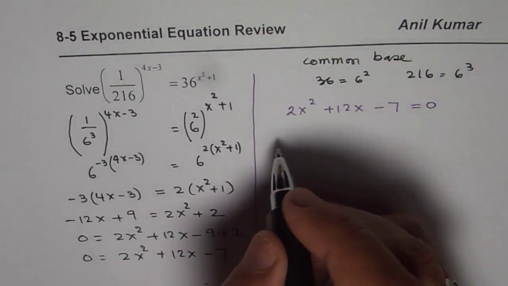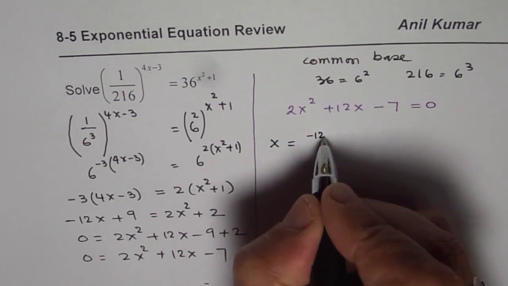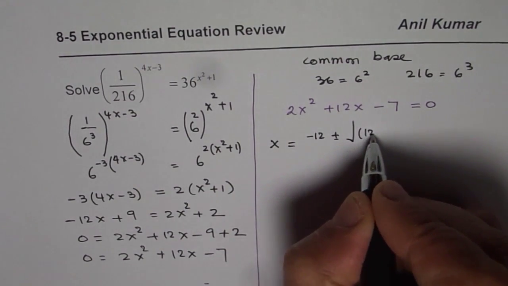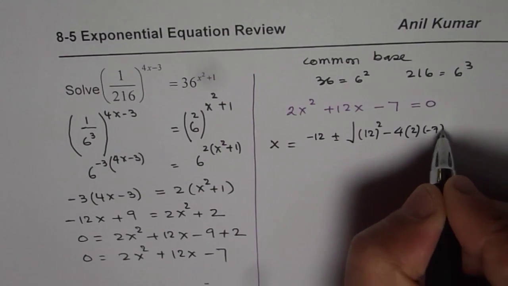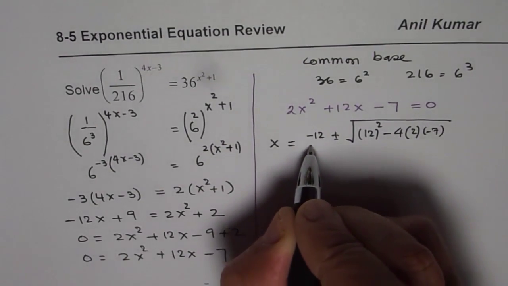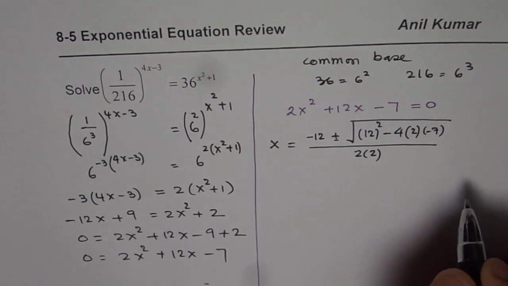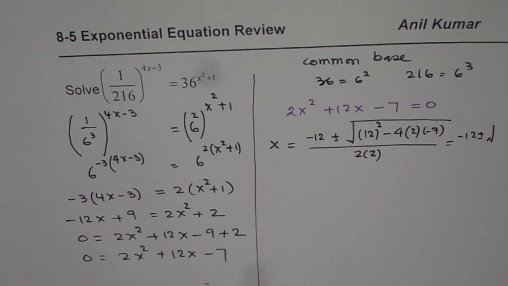So to solve this, let us say x equals minus b, which is minus 12, plus or minus the square root of b squared minus 4ac, divided by 2 times a, which is 2. Now that gives you minus 12 plus or minus, within the square root, we can use the calculator.